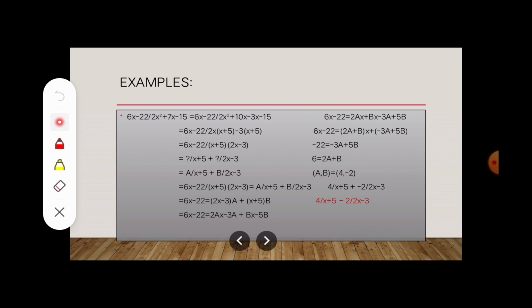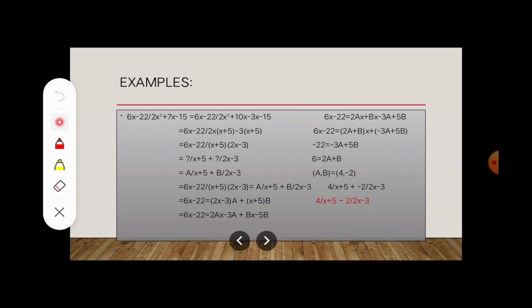Then solve the system of equations. So a and b are equal to 4 and negative 2. And substitute the given values into the form of the partial fraction decomposition. So we have 4 all over x plus 5 plus negative 2 all over 2x minus 3.